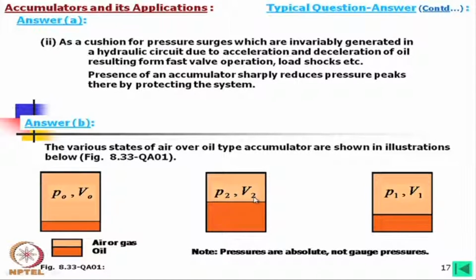At that condition, the volume of the bladder or the top side of the diaphragm is nitrogen gas, let us consider. And then the oil can be used up to this, that means the total oil that will be pumped from the accumulator to the system can be calculated as V1 by V2, and by that time the pressure reduces from P2 to P1.